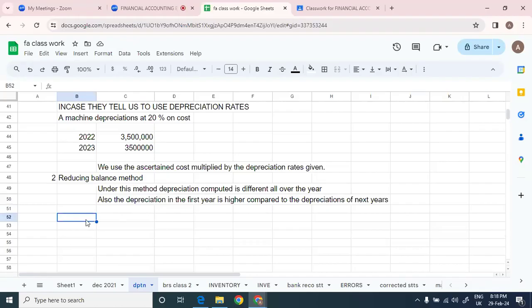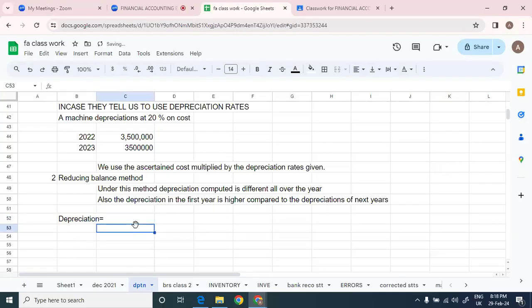Under the reducing method, we are going to say depreciation equals, and here there are two scenarios.